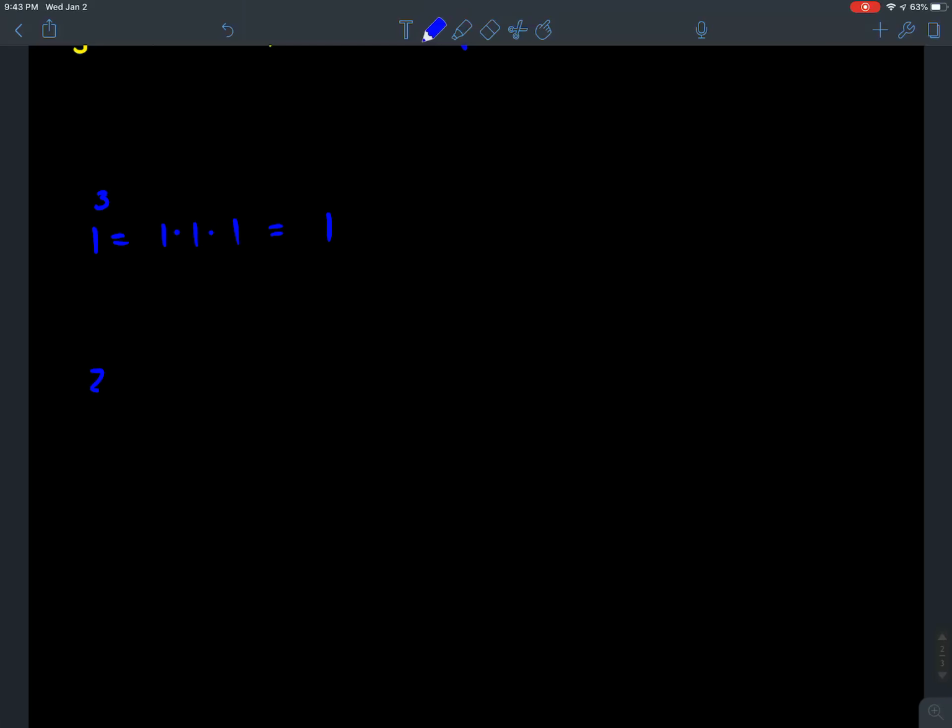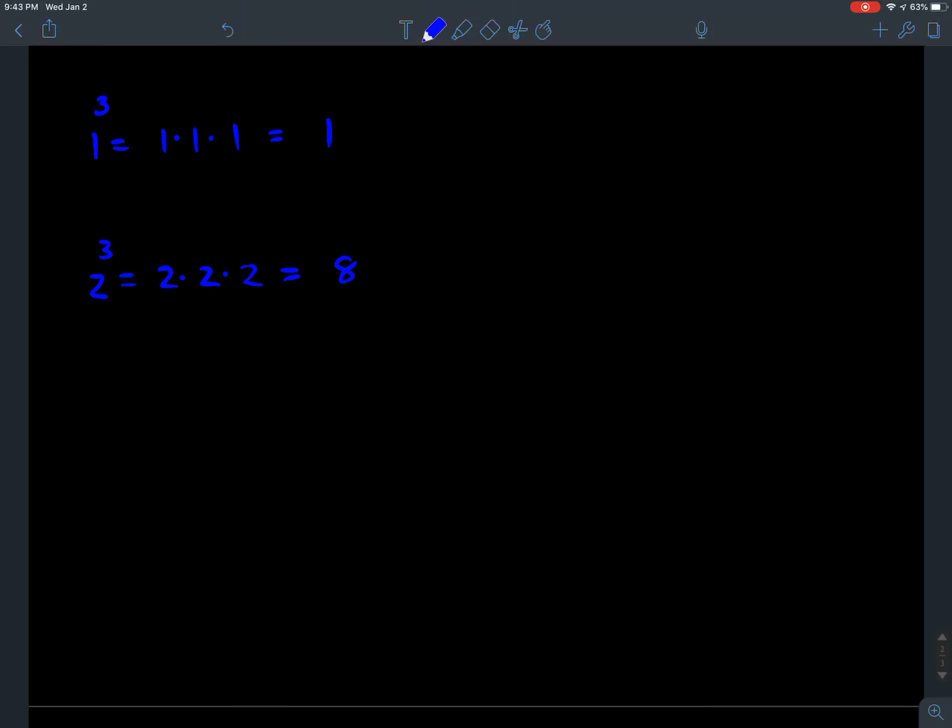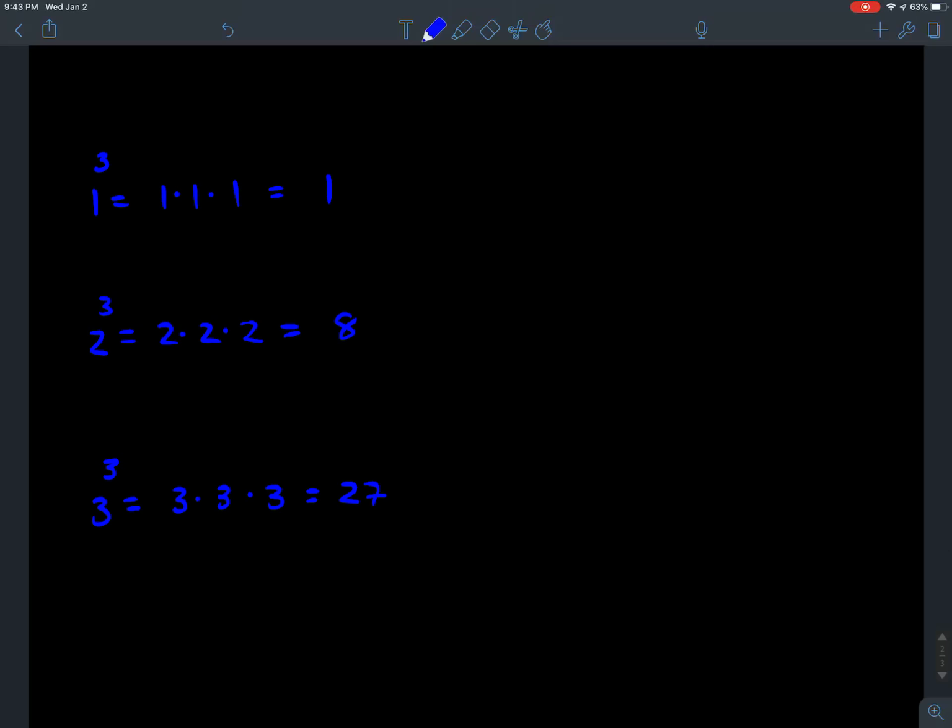Now let's take 2 cubed, raised to the power of 3. That's 2 times 2 times 2, which is 8. Let's take 3 cubed, which is 3 times 3 times 3, which is 27, right? Now, we want to know the cube root of 1, right?